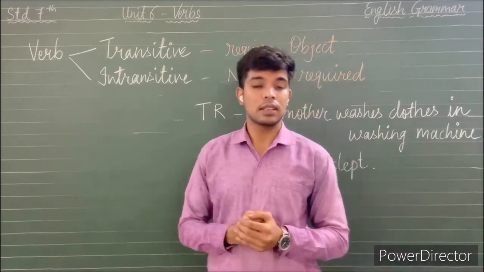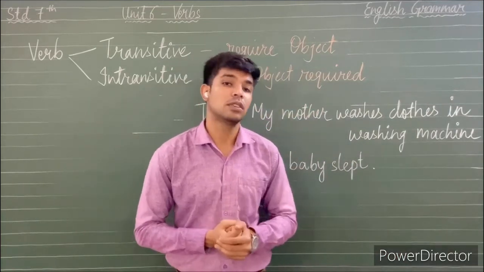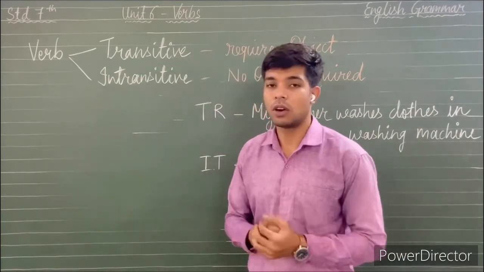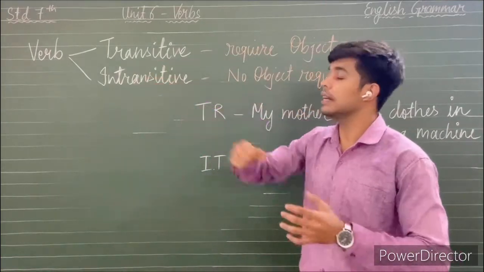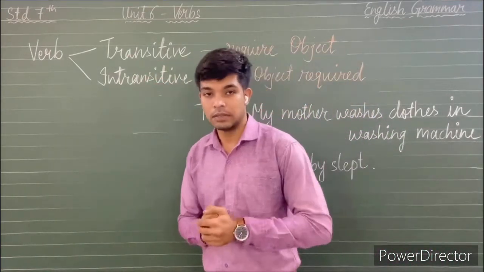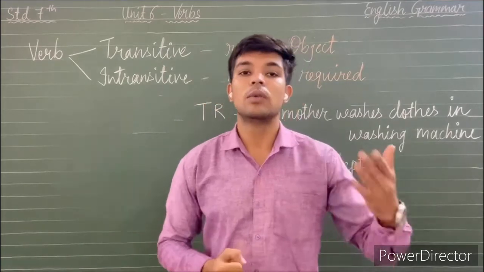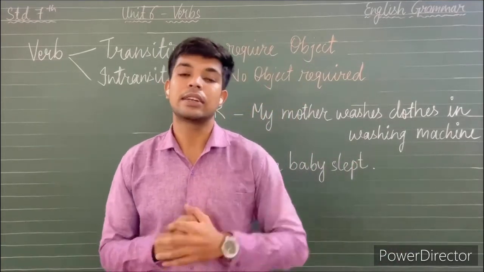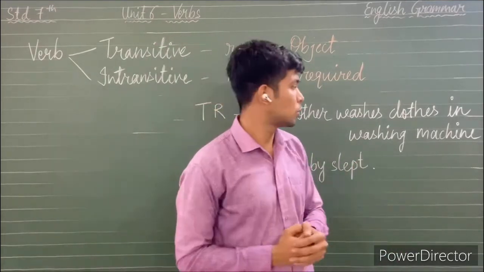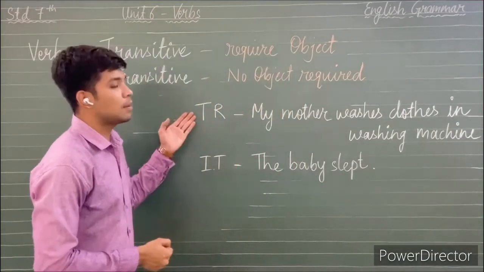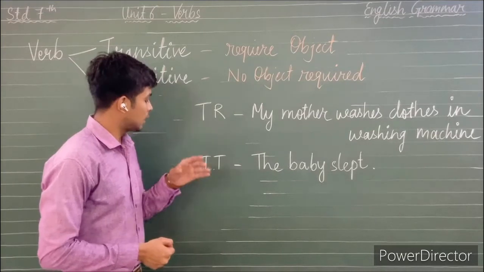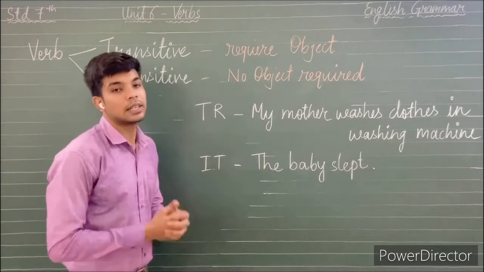Now we will discuss the different types of verbs. First of all, we'll look at transitive and intransitive verbs. So basically, what are transitive and intransitive verbs? Here are examples of transitive verbs and intransitive verbs.